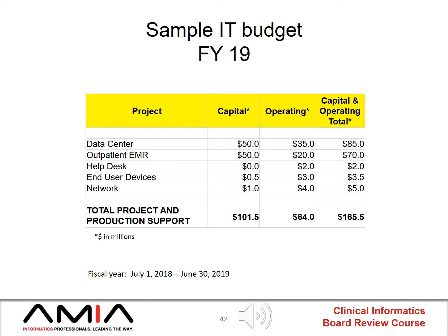In this sample IT budget, which is simplified to show the principles, you have a listing of projects, and then you have columns for capital and operating budgets, and then a sum of the two. So let's start with the data center. The data center is something that has both capital and operating contributions.